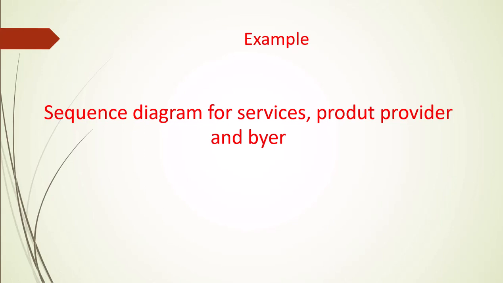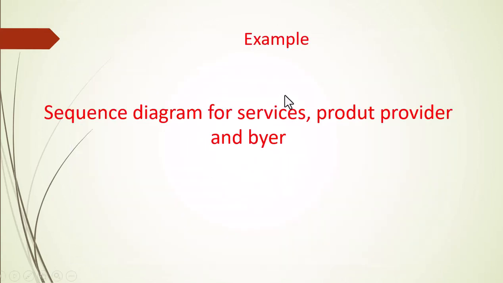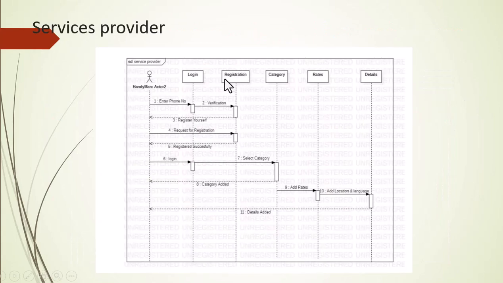Now, after converting the use case to a sequence diagram, for the service provider it is this. So this is the login, this is the registration, this is the login. So enter phone number, then the entered phone number is verified.